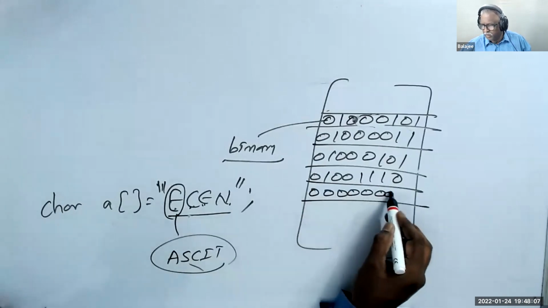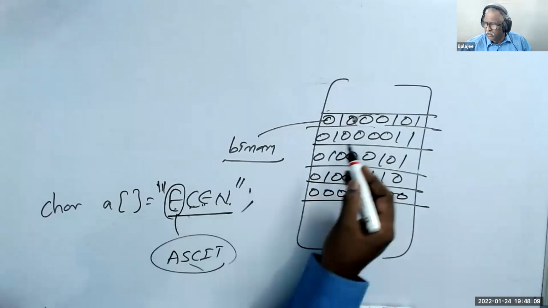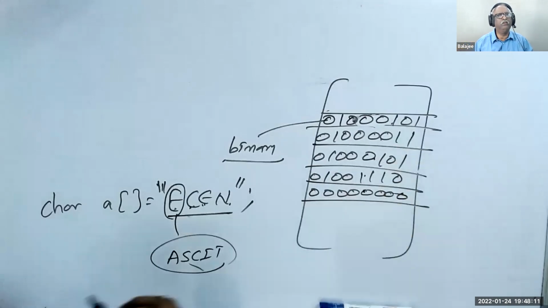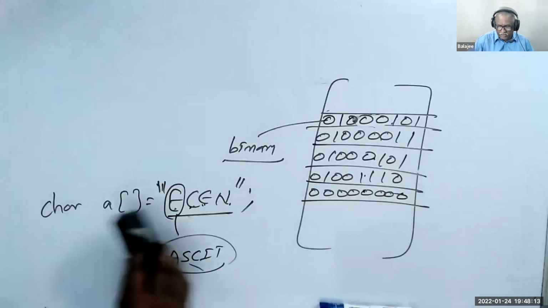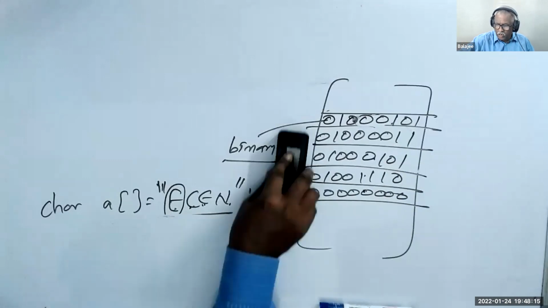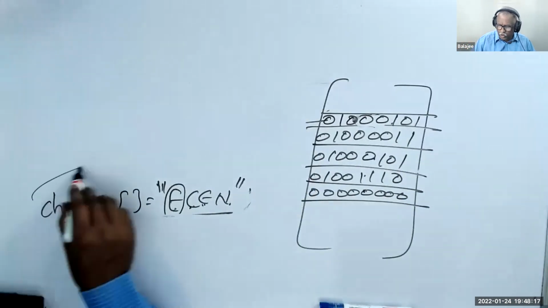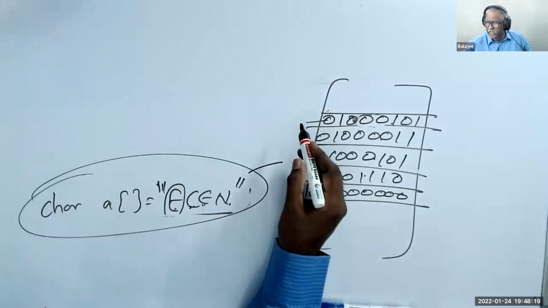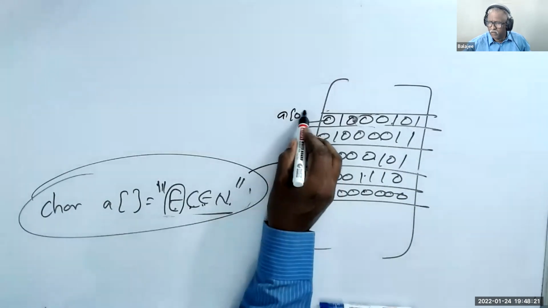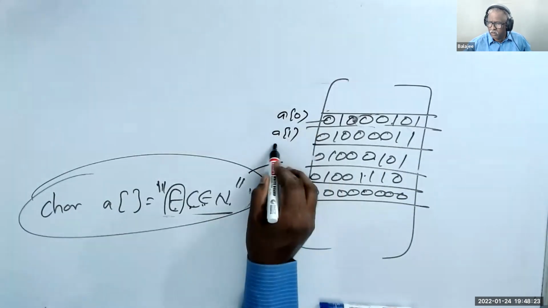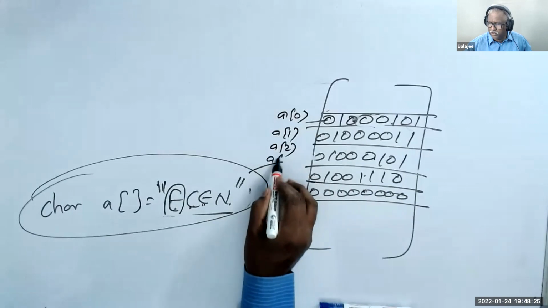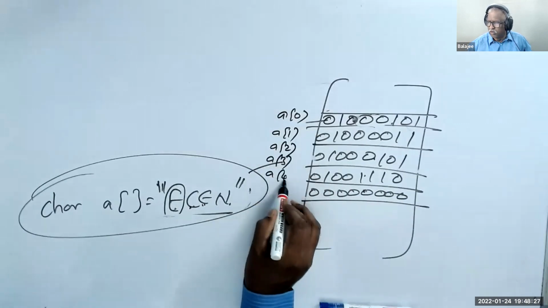That's a trick, because you put a string. So 1, 2, 3, 4, 5 is stored. Now this job is done. You have stored this as A of 0, A of 1, A of 2, A of 3, A of 4.